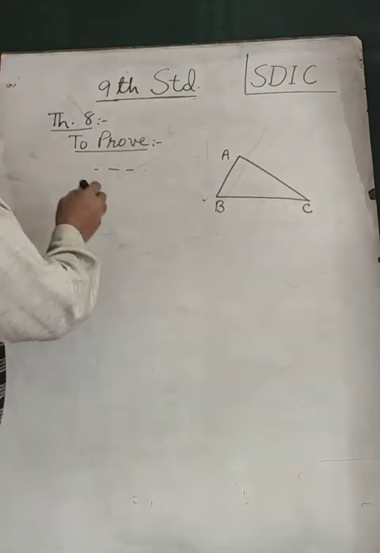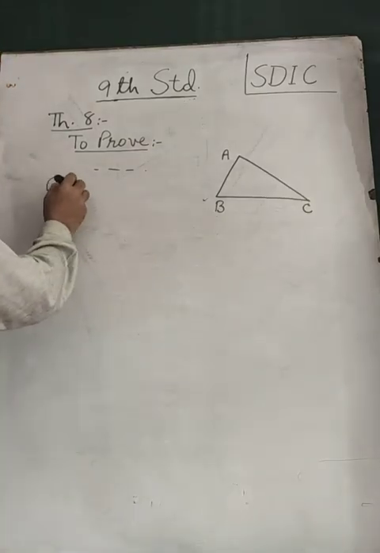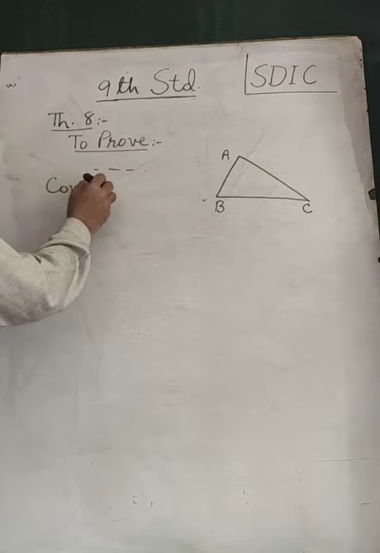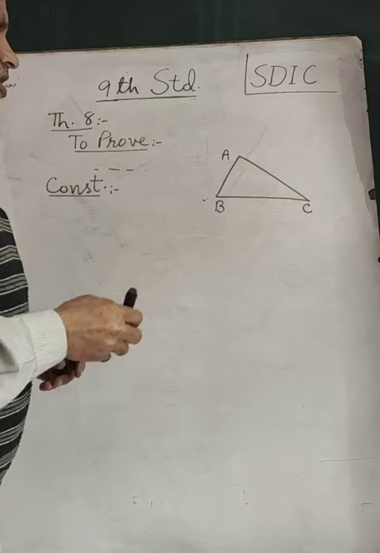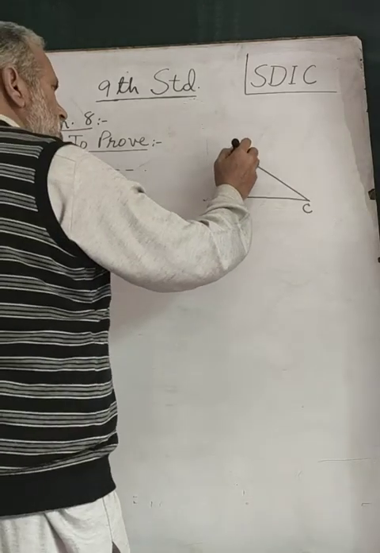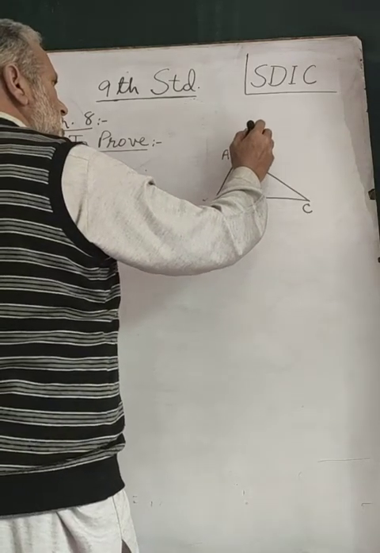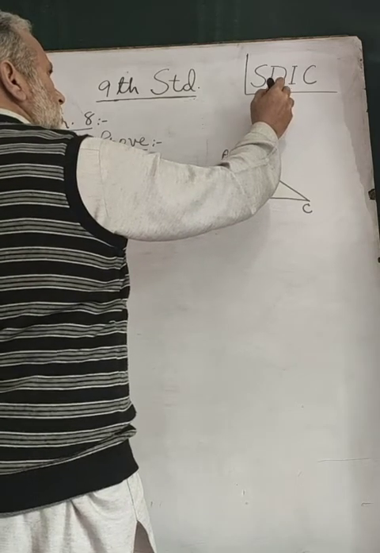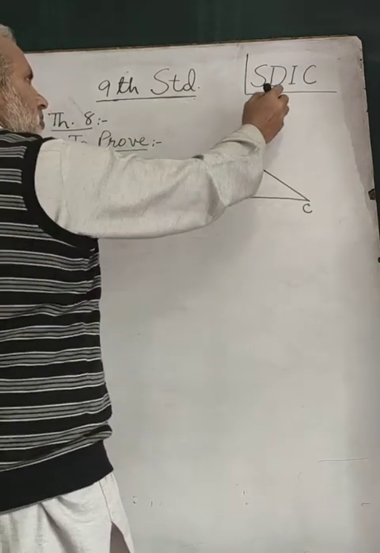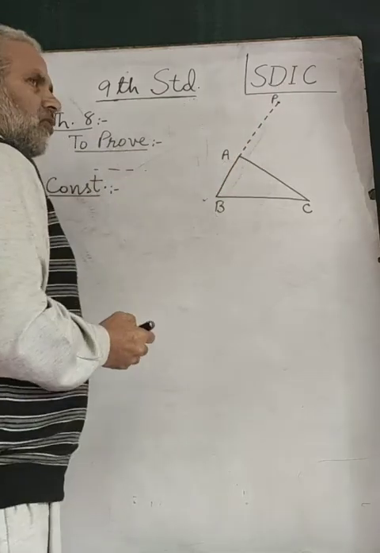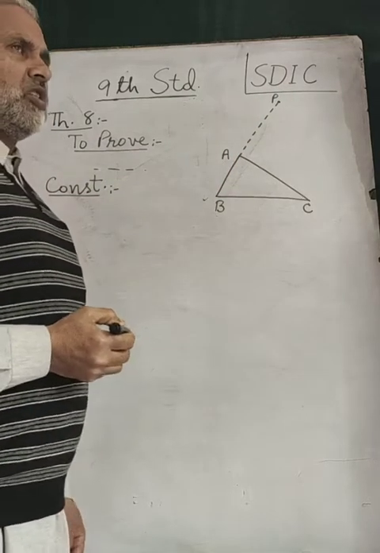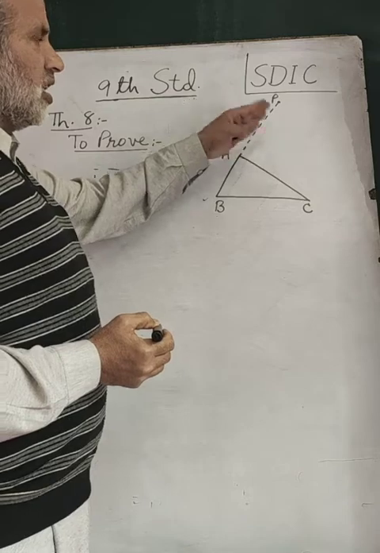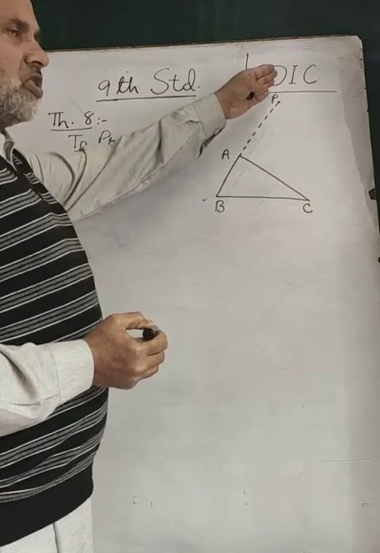Now to prove this, we have to do some construction. And the construction involves producing this BA side to a point P, suppose. You have to produce BA. It should be therefore a straight line. It should not bend here. It has to be produced straight.